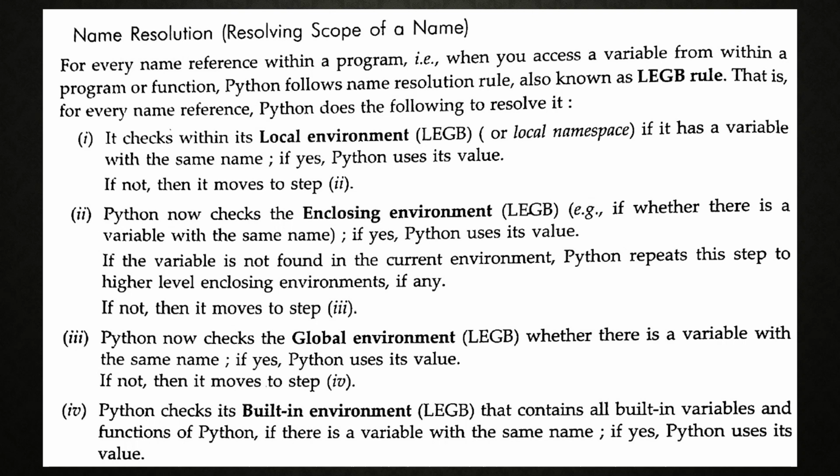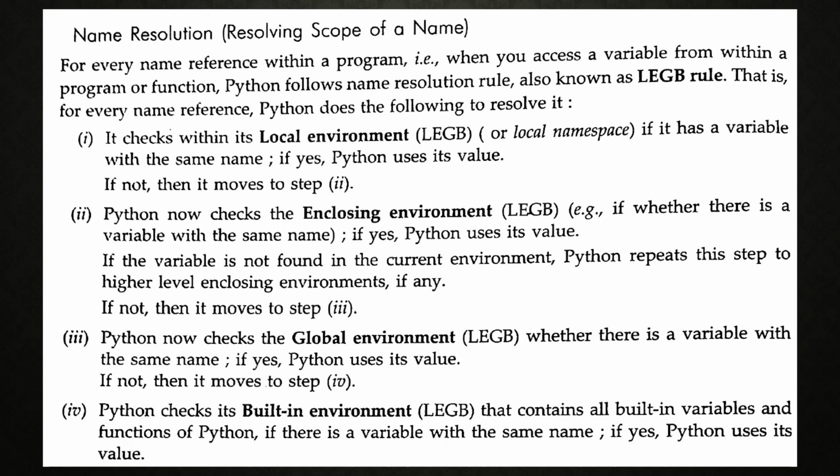So what is there in step number 2? Python now checks the enclosing environment. L is our local environment, E means enclosing environment: LEGB. Whether there is a variable with the same name in the enclosing environment.